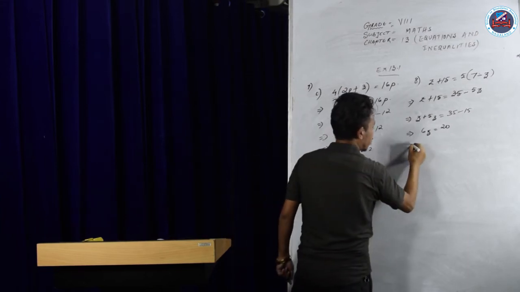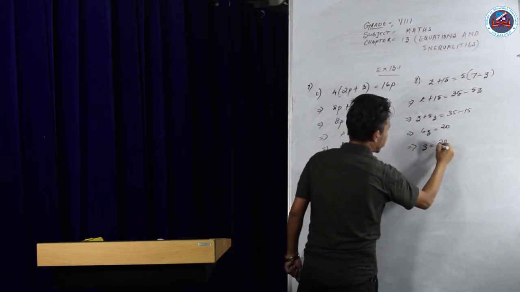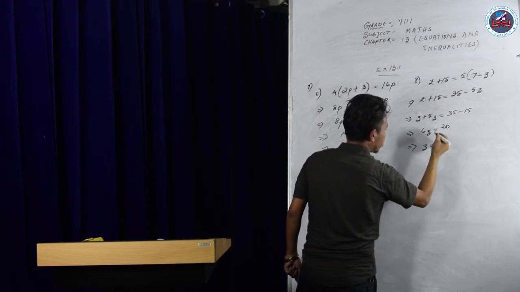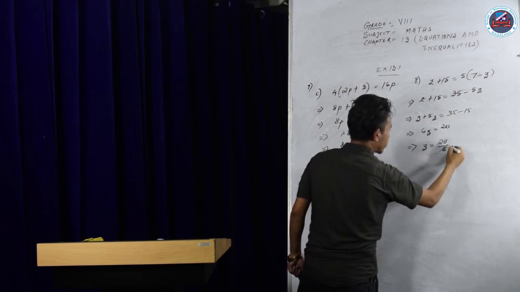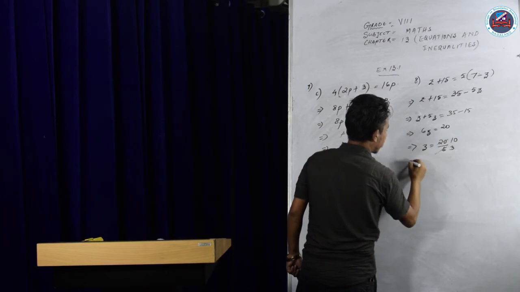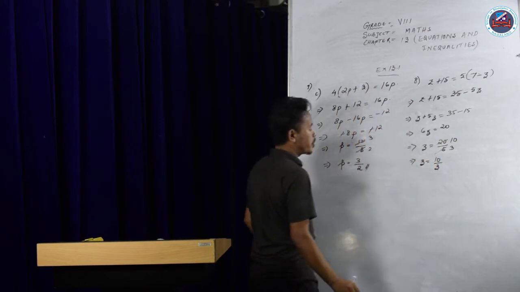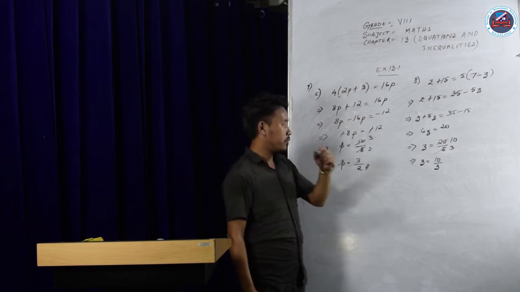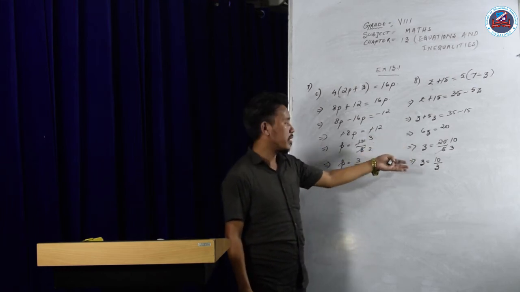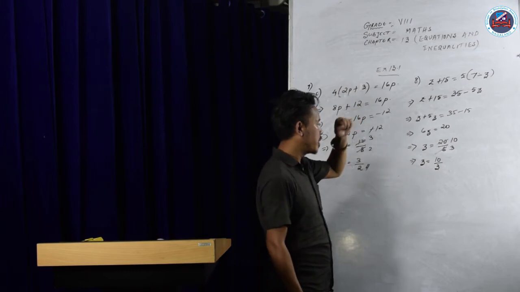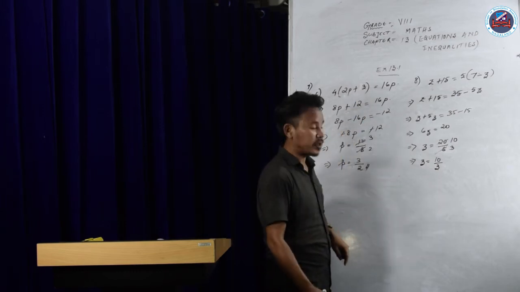So Z equals 20 divided by 6. 2 into 3 is 6. So the value of Z as a fraction is 10 upon 3. Or else if you want, you can divide it also. On dividing you will get 3 1 upon 3. Okay.